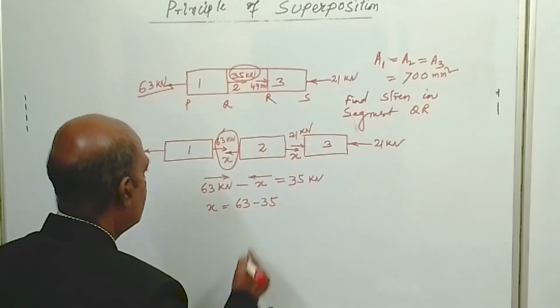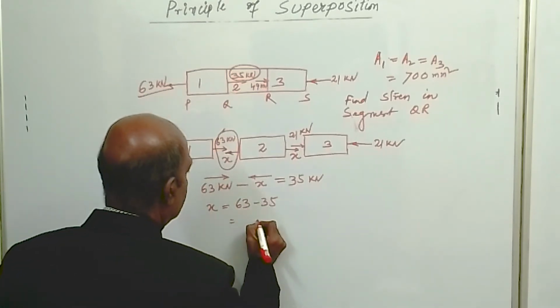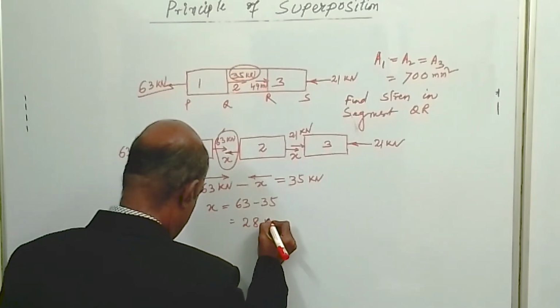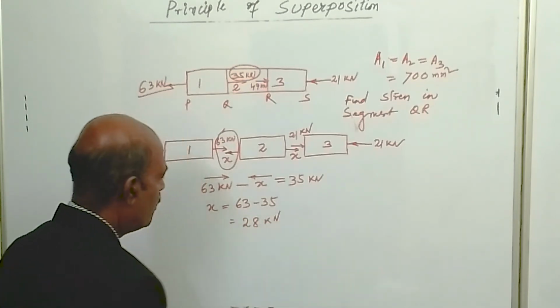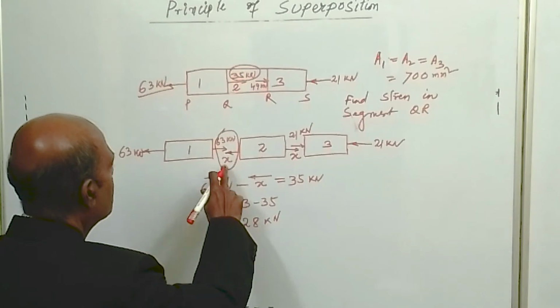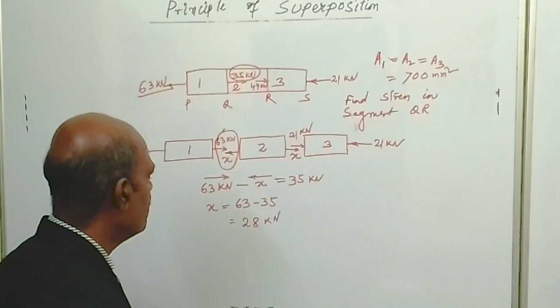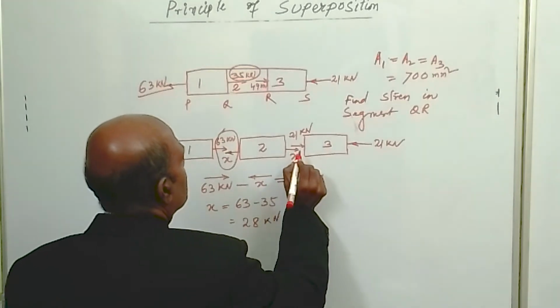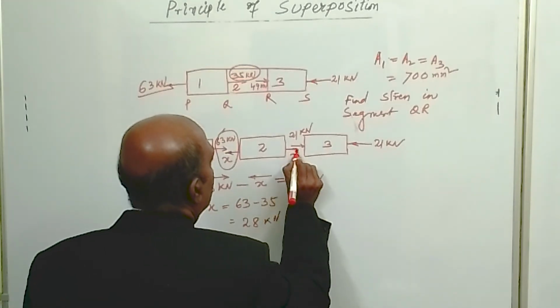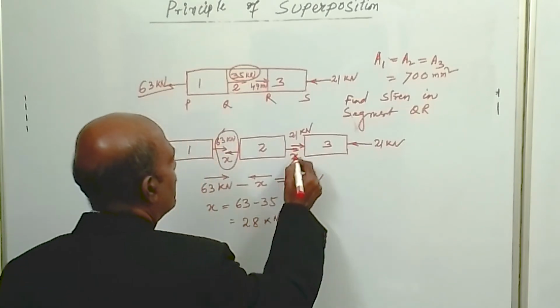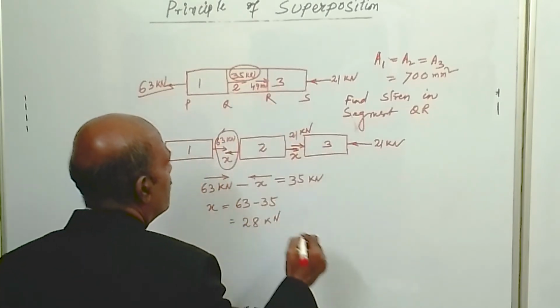So what is coming? 28 kilonewton. So the left side x value is coming 28, so the right side also will come 28 kilonewton. So let's see. Here x is acting towards right and 21 is also acting towards right, so the sum of these two will be 49.